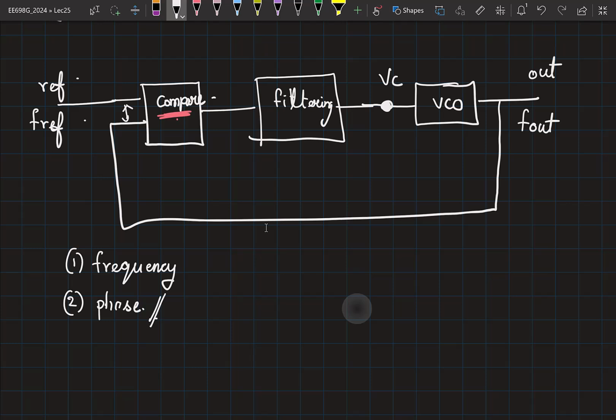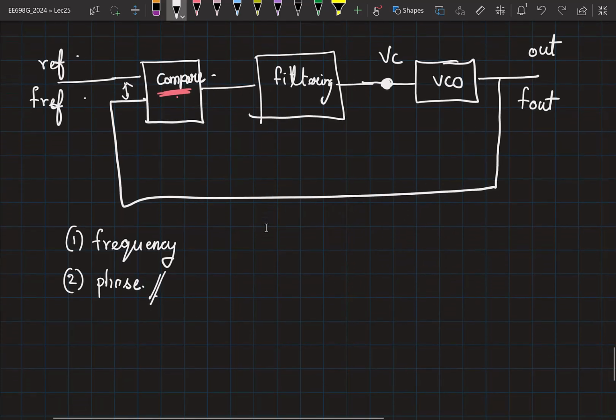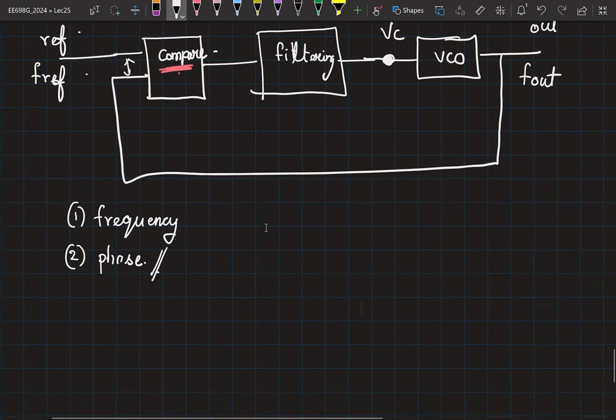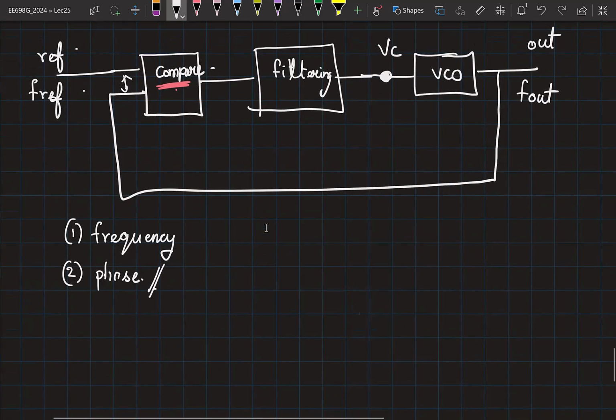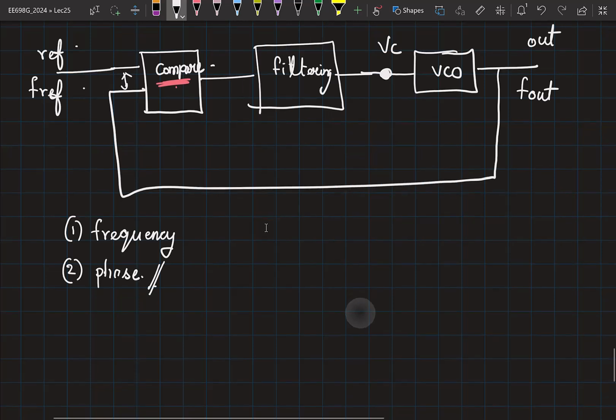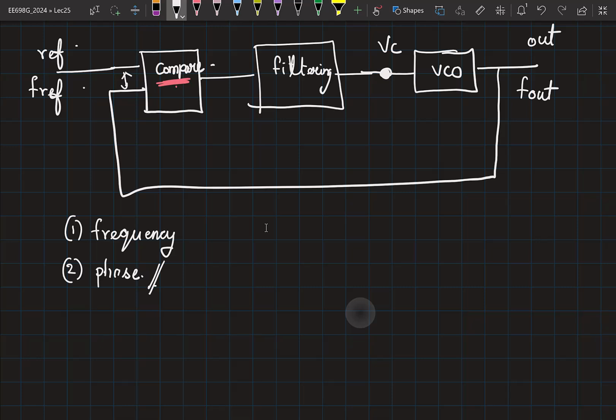Oh, we can figure out, right? Frequency is one thing, it's a very large number, like 600 megahertz and 600 megahertz. So the difference is 1 megahertz. How much is going to make the difference to be very small? So accuracy has to be very good.